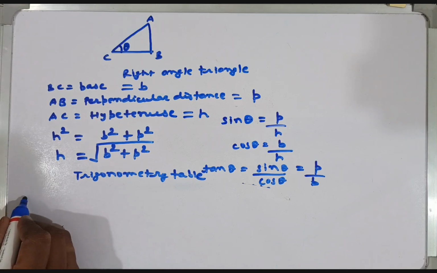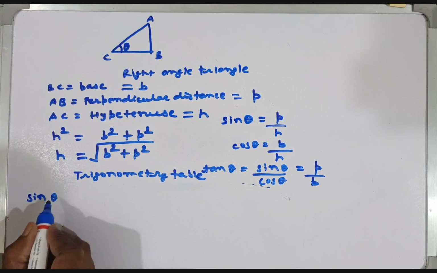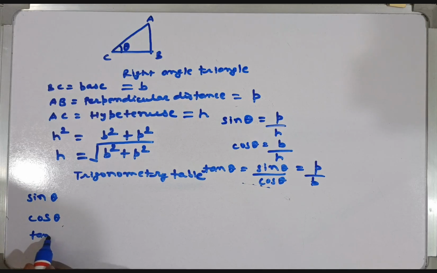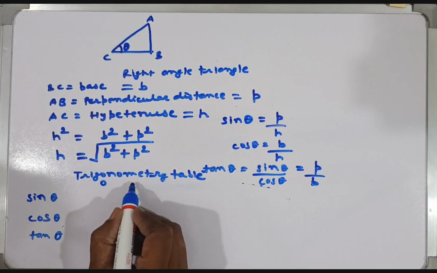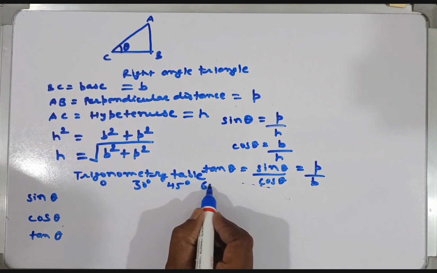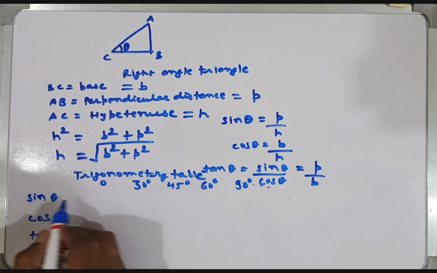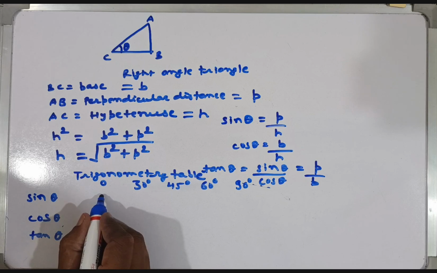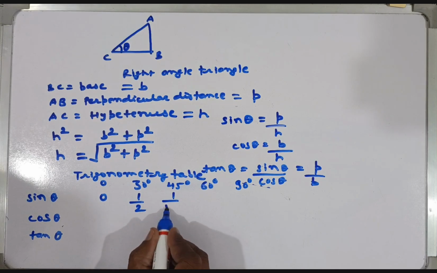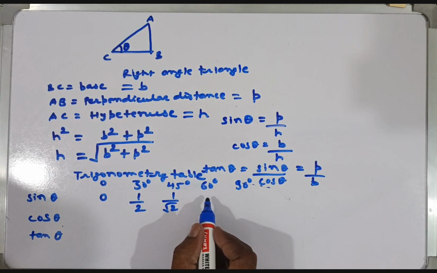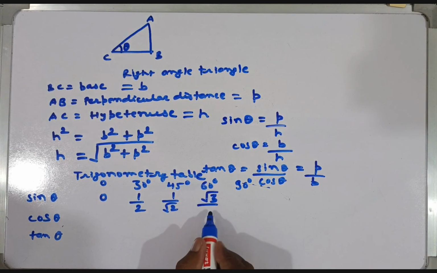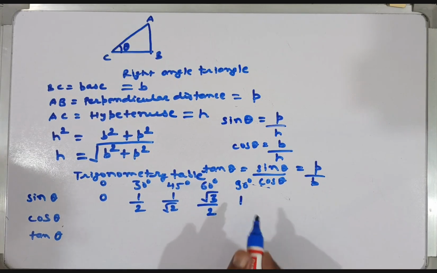If we write here in columns sin theta, cos theta, tan theta, and theta values 0, 30 degree, 45 degree, 60 degree and 90 degree, then sin 0 equals 0, sin 30 degree equals 1 by 2, sin 45 degree is 1 by root 2, sin 60 is root 3 by 2, and sin 90 is 1.